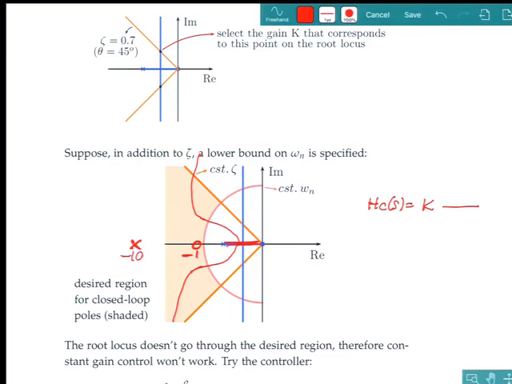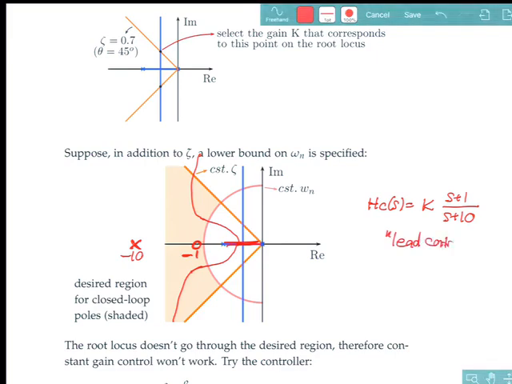All right, so what is the transfer function then? S plus 1 over S plus 10. Okay, controllers of this form that are not constant gain controllers, but they come with a pole 0 pair where the 0 is the dominant one, 0 is closer to the origin, are called lead controllers.